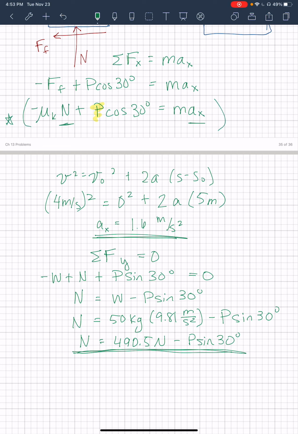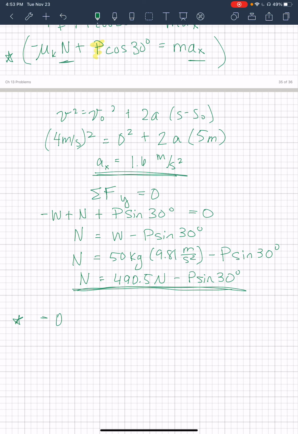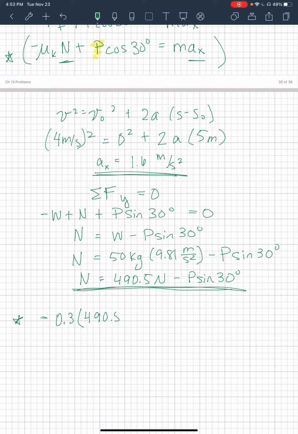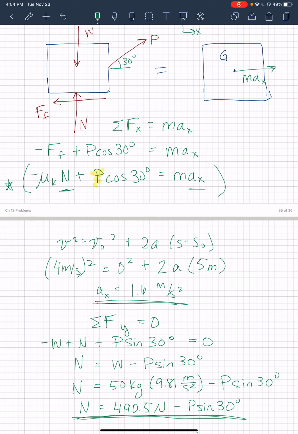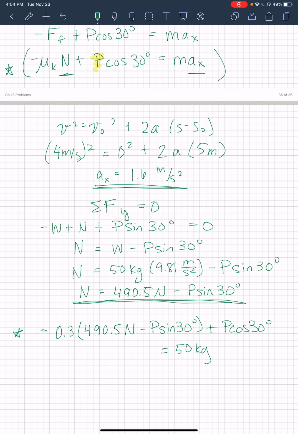So we get negative mu sub k, which was 0.3, 0.3 times N, which is 490.5 newtons minus P sine of 30 degrees, plus P cosine of 30 degrees, equals, and the mass was 50 kilograms, 50 kilograms times a sub x, which we found to be 1.6 meters per second squared.